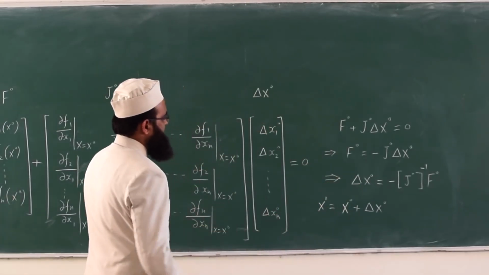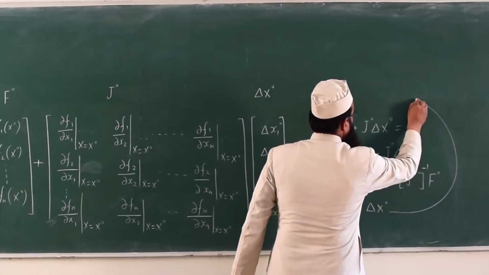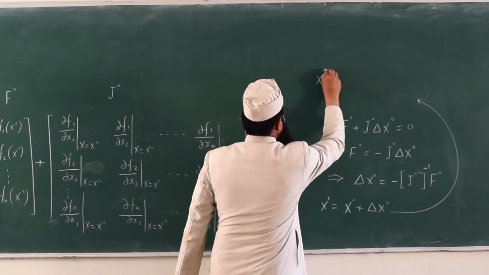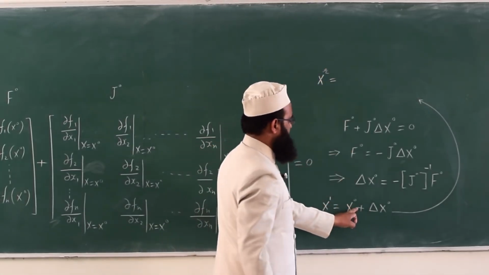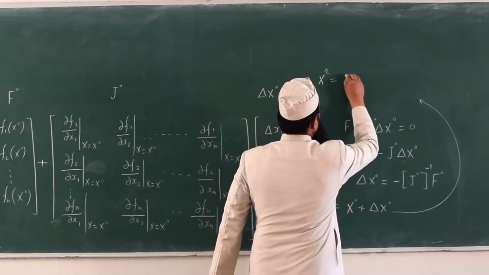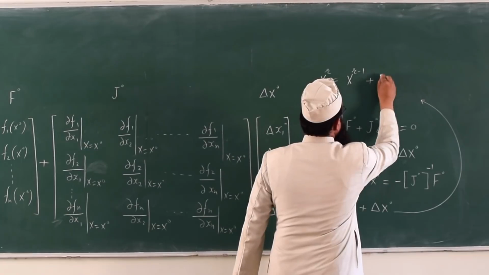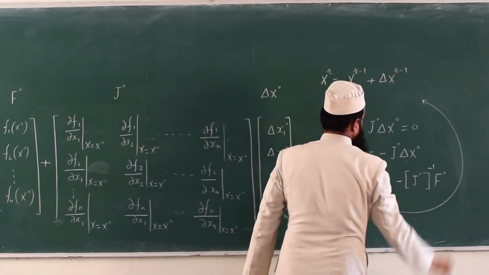For rth iteration, from here we can write xr is equal to previous iteration value x r minus 1 plus del x r minus 1.